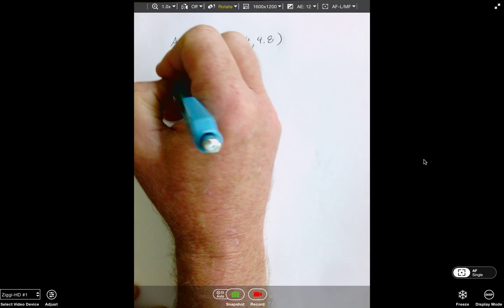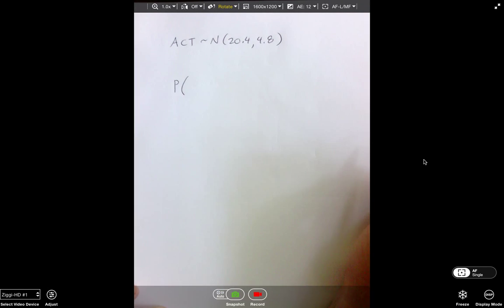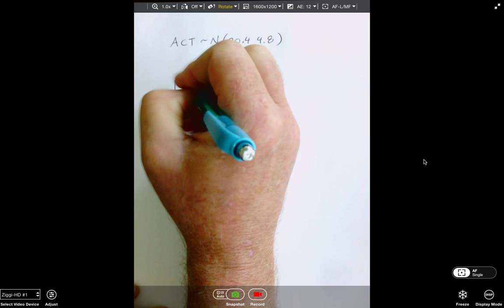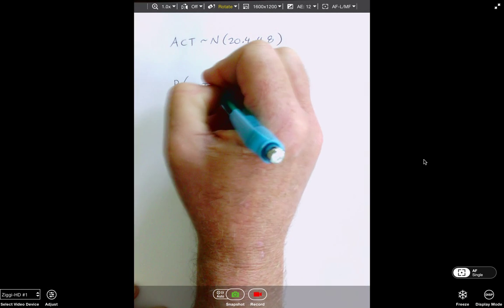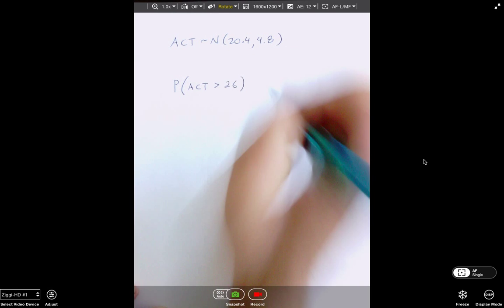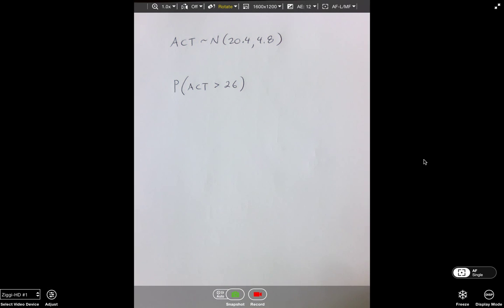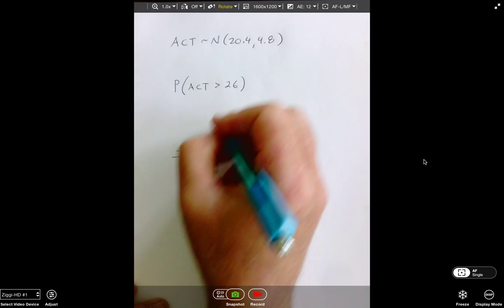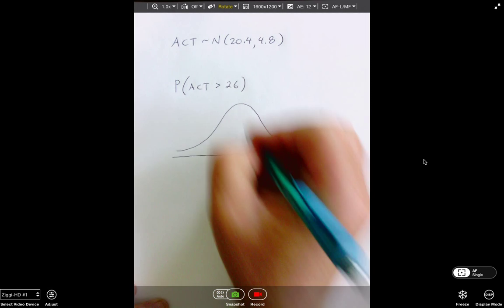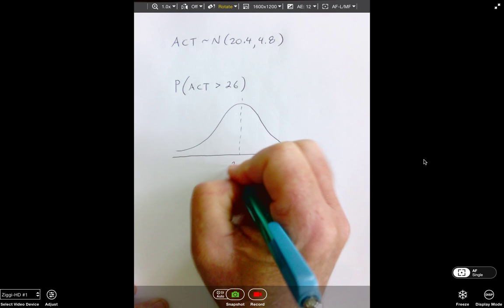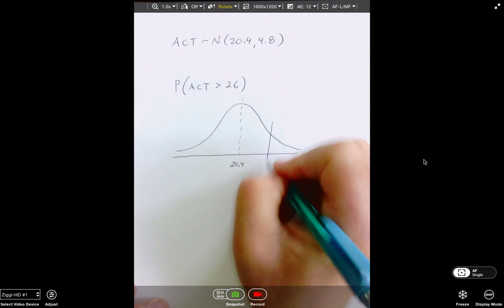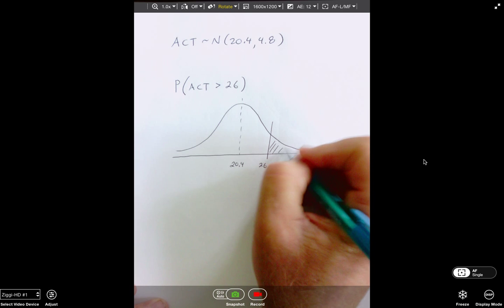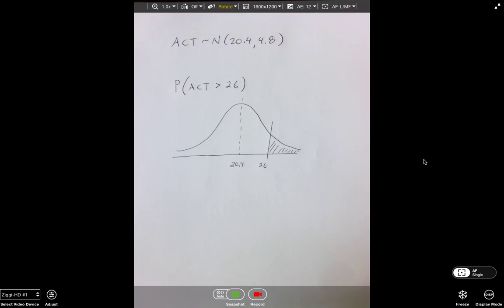So we could ask ourselves, what's the probability of randomly selecting someone that has an ACT score above 26? This is equivalent to finding the area to the right of the curve at the point marked at 26.